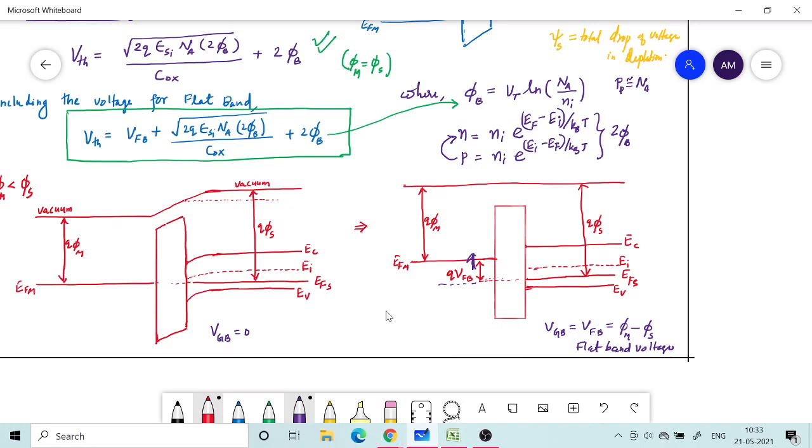Now we have applied a voltage which is just sufficient to make it aligned with the right side. So by applying an external voltage of sufficient magnitude, I can straighten out my energy bands.